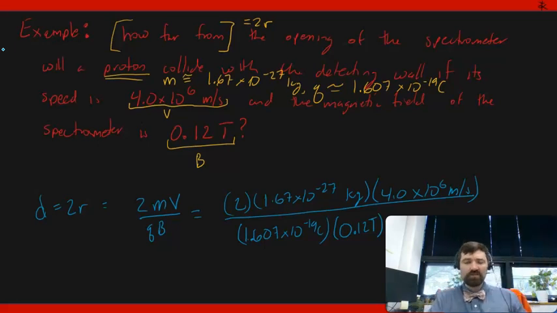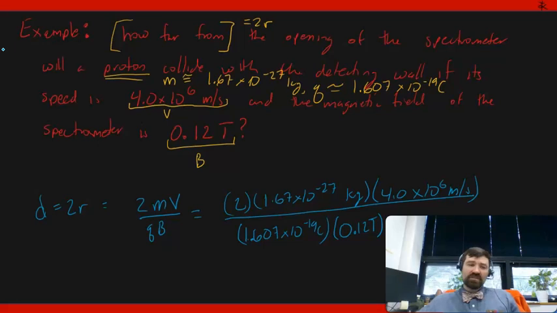Now this is something that you might want to plug into your calculator to solve. So we do that. We go 2 times 1.67 divided by 1.607 divided by 0.12.